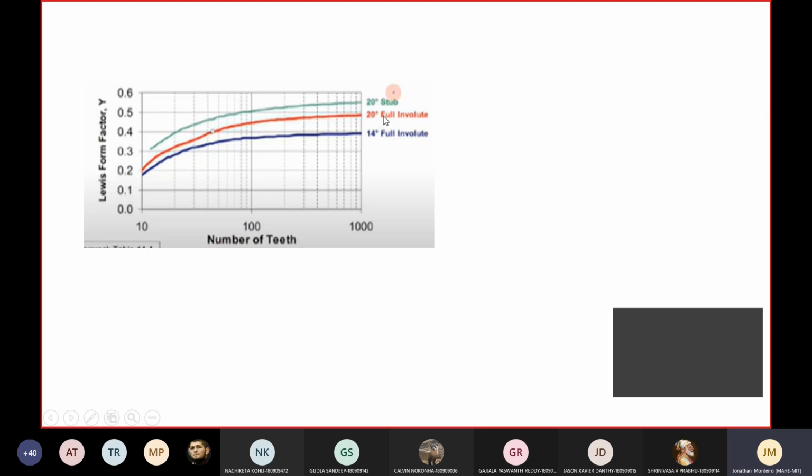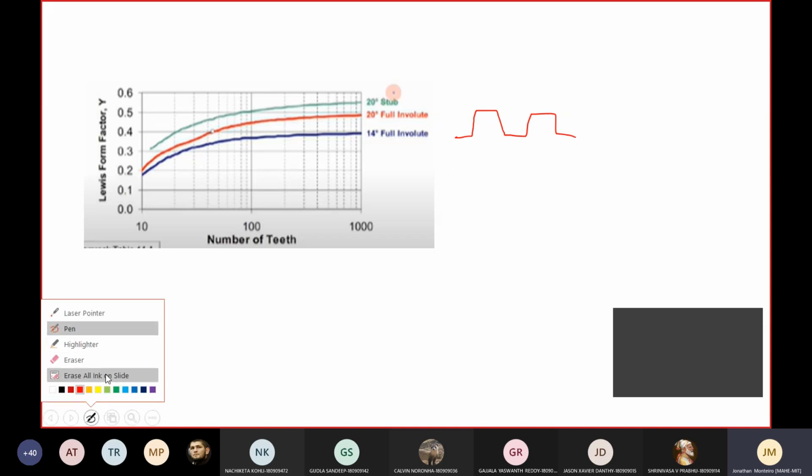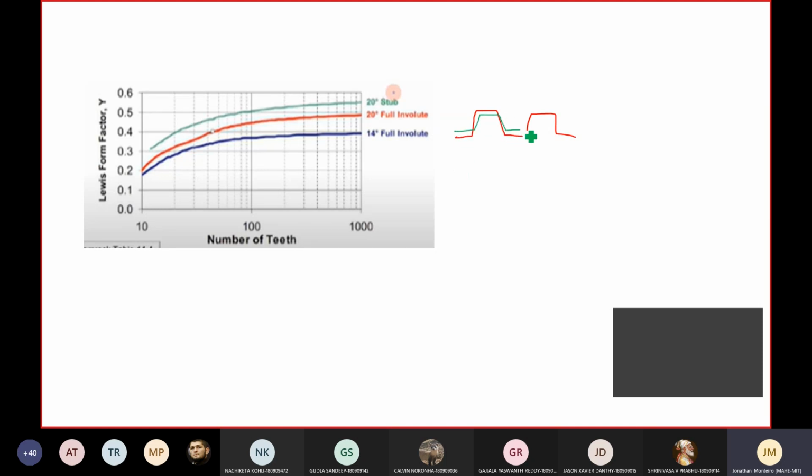So what is the difference between this 20-degree full involute and 20-degree stub teeth? Just to describe in a simple way, if the full depth is somewhat like this, the stub teeth will have somewhat like this.